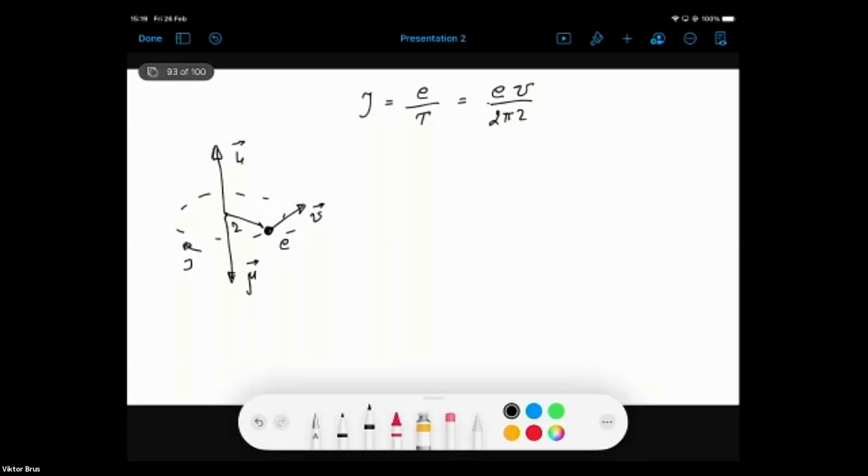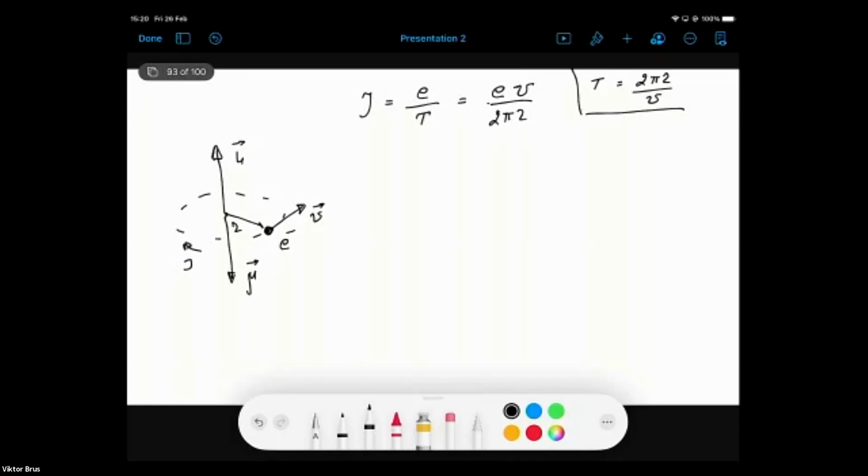The period is the circumference of the circle, 2 pi times r, over v. So we know how we can quantify electric current flowing in this tiny loop.